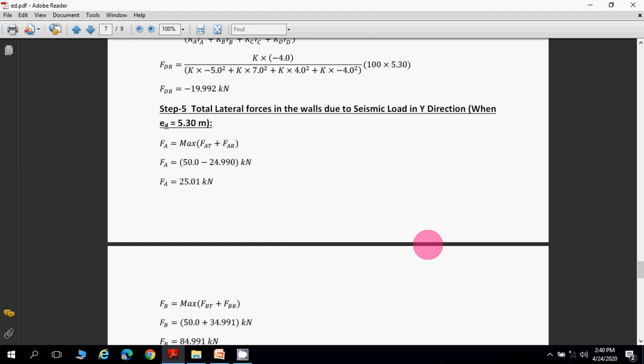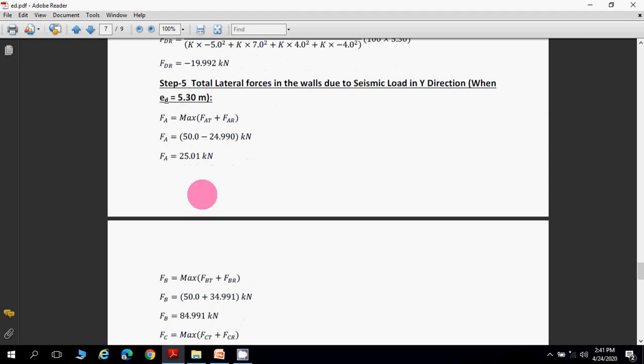When the value of design eccentricity is 5.30 meter, the total lateral force in the wall due to seismic load in the y direction is calculated using these equations, where we put the values of lateral force due to translation plus lateral force due to torsion. After putting the lateral force due to translation as 50 kN and lateral force due to torsion as minus 24.990, we calculate the value FA equal to 25.01 kN.